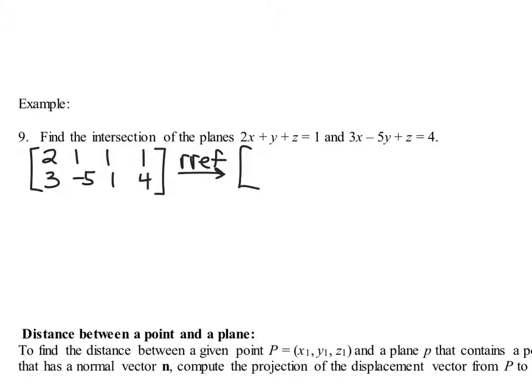All right, so type in your entries, each coefficient in your system, and then quit out of there.